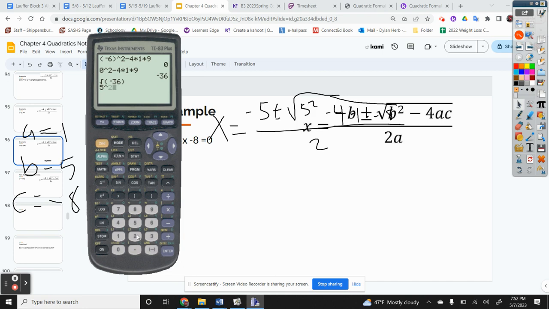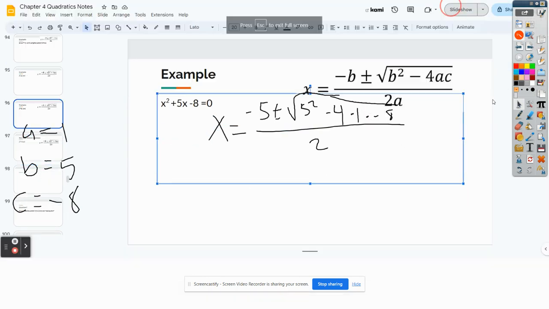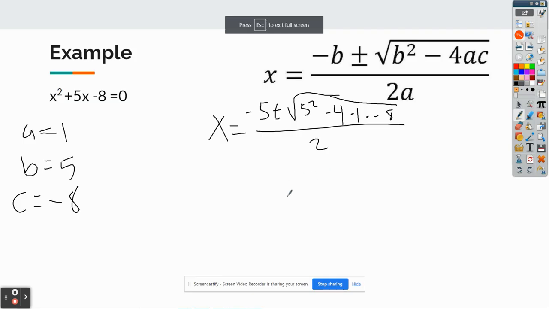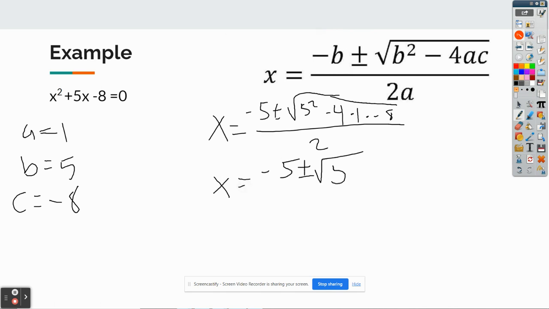So that's 5 squared minus 4 times a times c, and c was negative 8. So we get 57. Nice. That's what I was looking for. All right, so we get negative 5 plus or minus the square root of 57 all over 2.